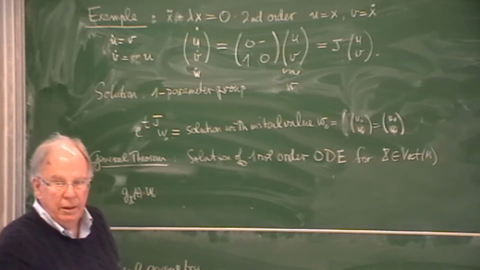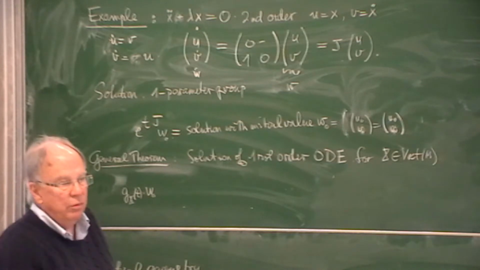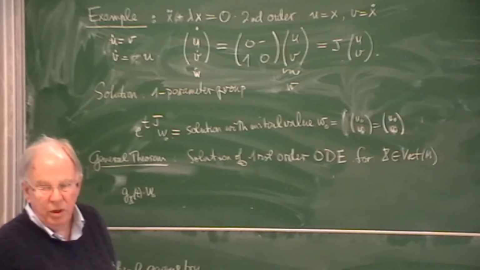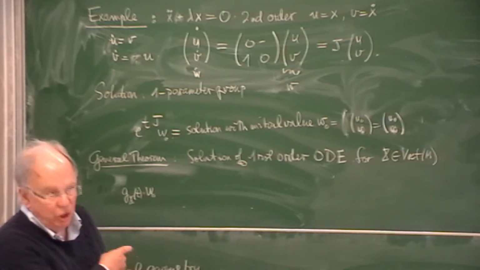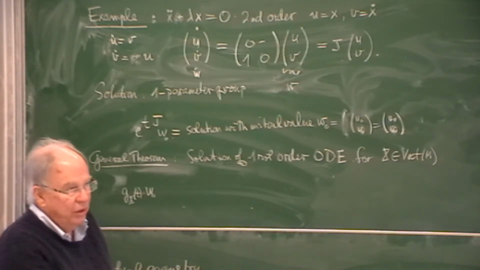And now I lied. You probably think every one parameter group is global because in your courses they are global, but this is a local one parameter group. You got it? It's not globally defined.